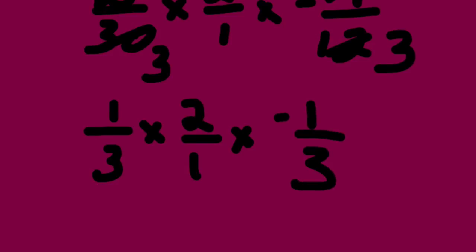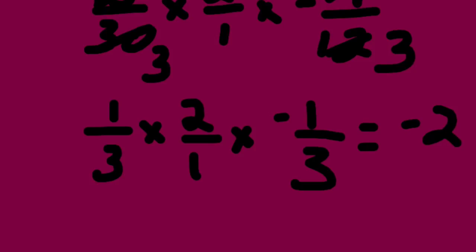So now it makes it easier for us because we just have to multiply the numerators together and the denominators together. So we get 1 times 2 times negative 1. So 1 times 2 is 2, and 2 times negative 1 is negative 2. Remember, a positive number times a negative number is a negative number.